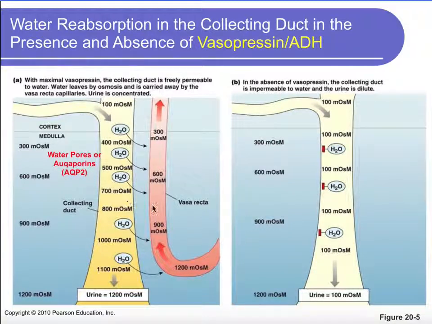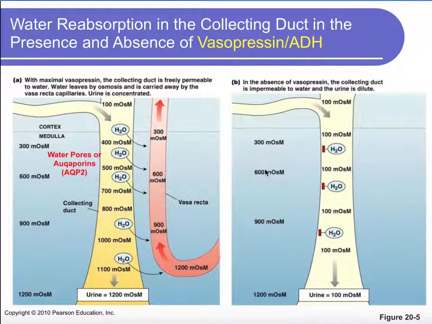So we are going to reabsorb water. So as we bring the water out of the nephron into the blood, the osmolarity of the filtrate will rise and rise and rise. It's going to become more and more concentrated. And so it can get as high as 1200 milliosmoles.